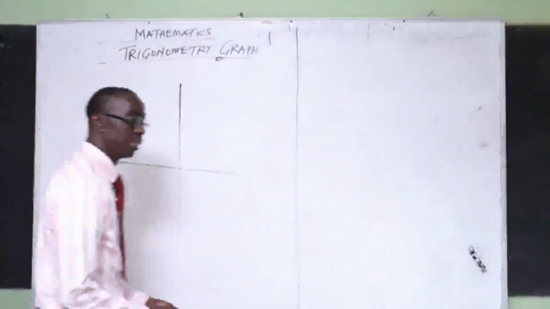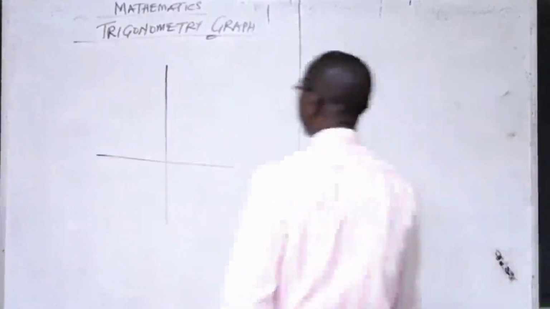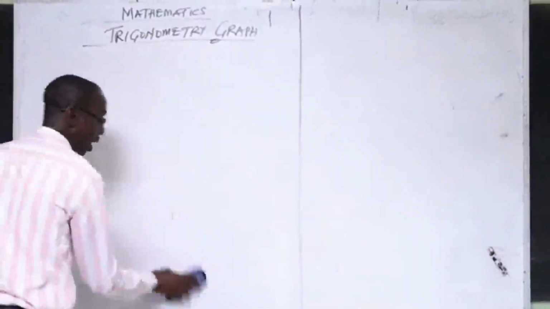The placement of your axis will definitely not show negative values of x because we don't have negative values of x.